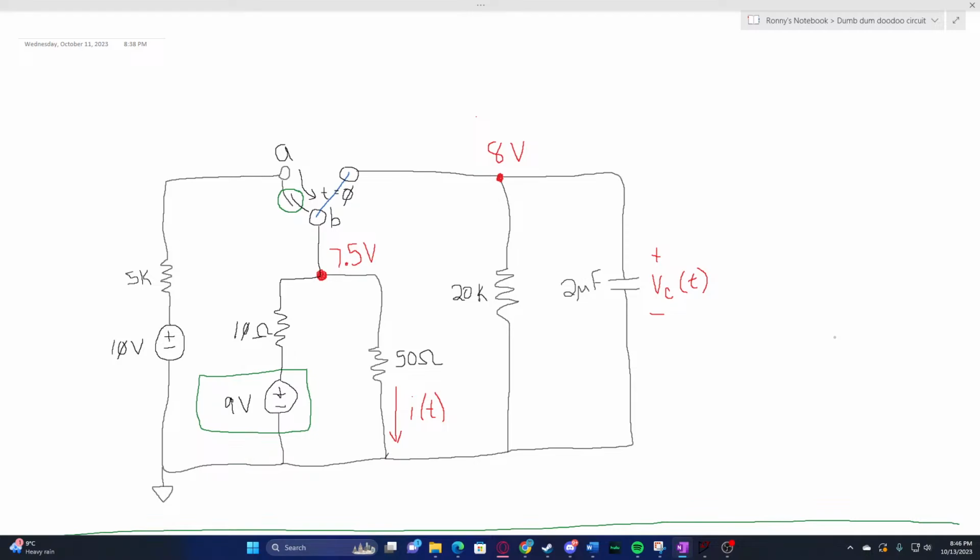In this homework problem, this voltage source is different for each student that does this problem. The only thing though is my voltage source was 9 volts, not 6 volts.